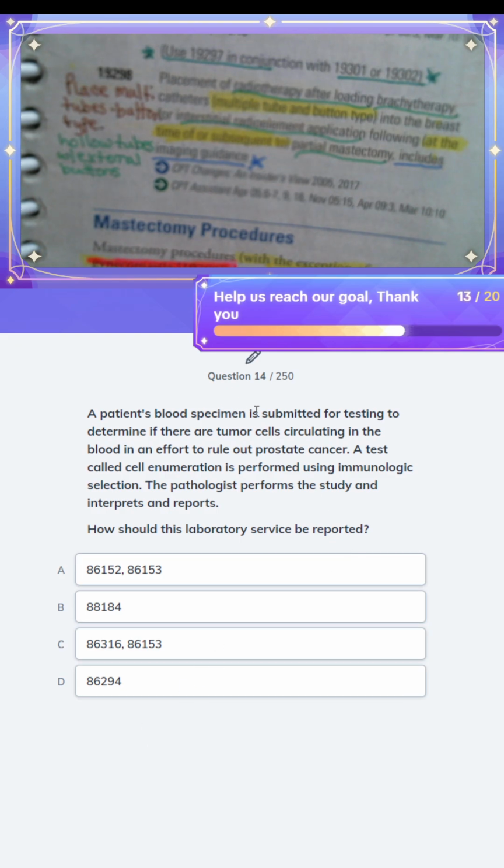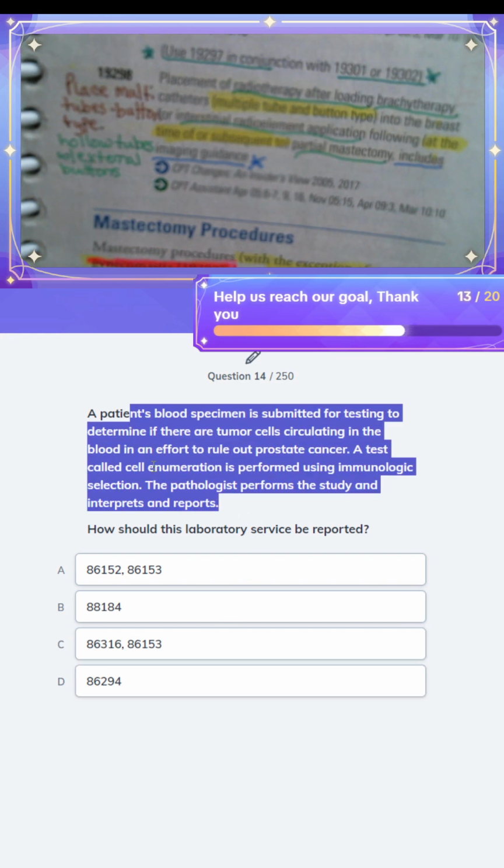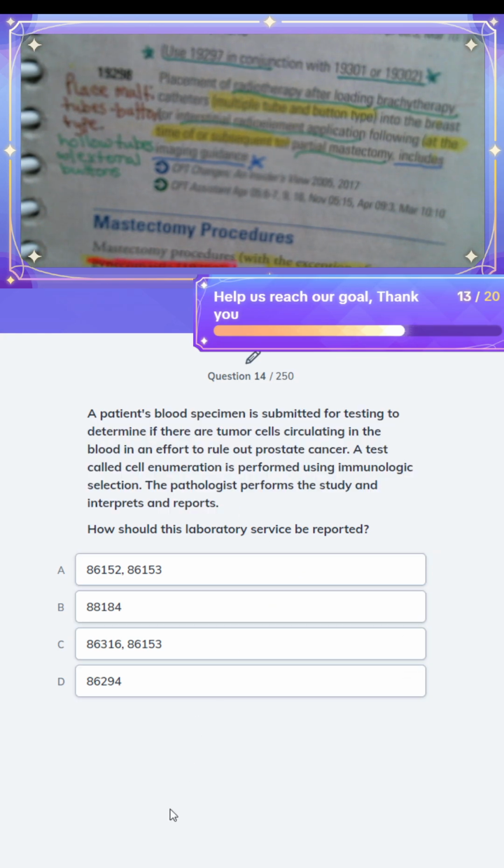We have a blood specimen that is being tested. Look for tumor cells. Is that 1 CPT code or 2? They got a whole lot of words up in here, but it looks like they're describing something fairly simple.